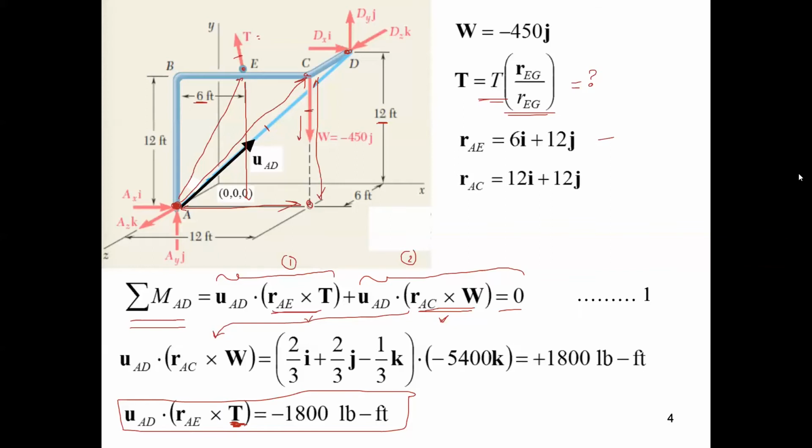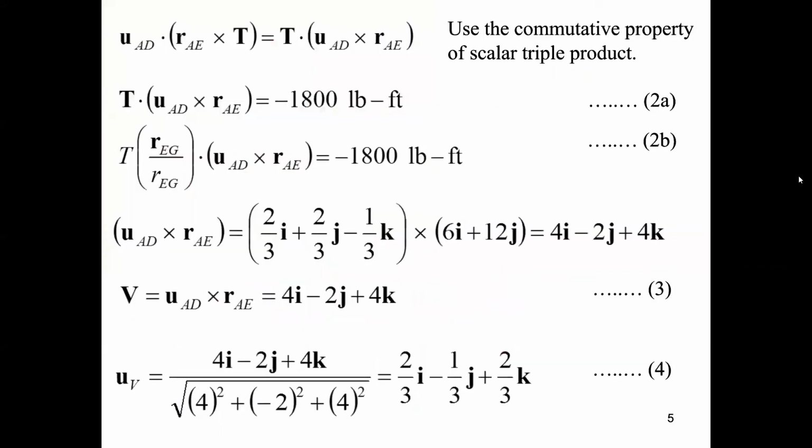Now we can use the commutative property of a scalar triple product. This scalar triple product can be rewritten as shown here. And the new scalar triple product should equal negative 1800.